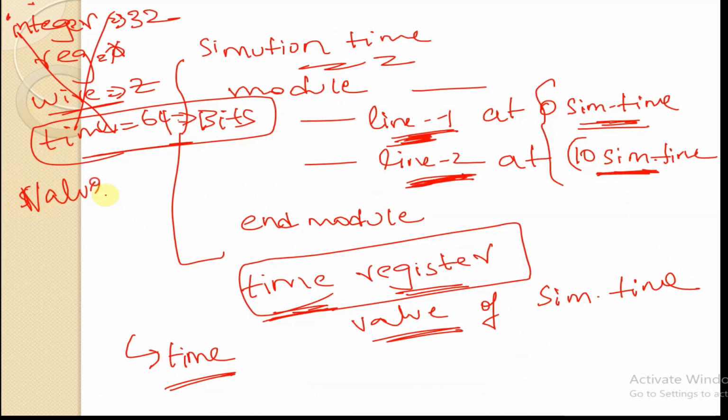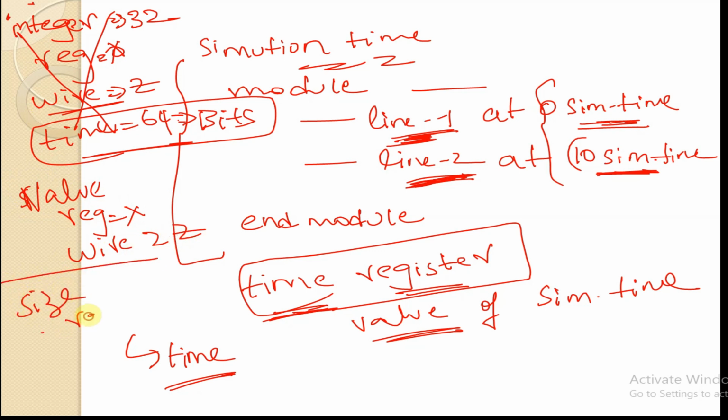Coming to value, reg is unknown and wire is high impedance. Coming to size, reg is by default 1 bit, wire is also 1 bit, and the default width of integer is 32 bit.